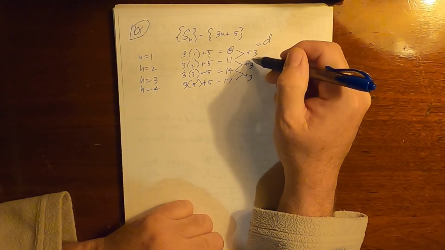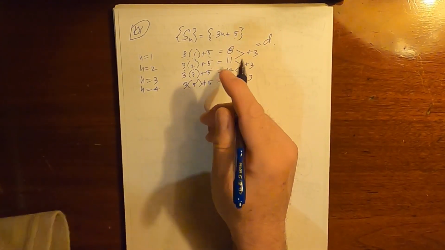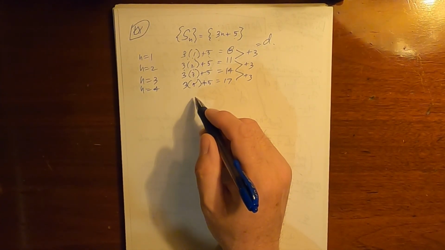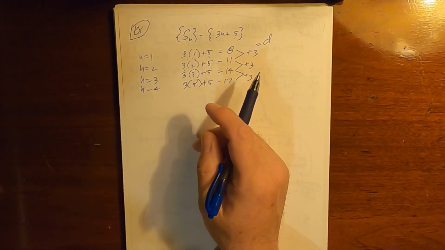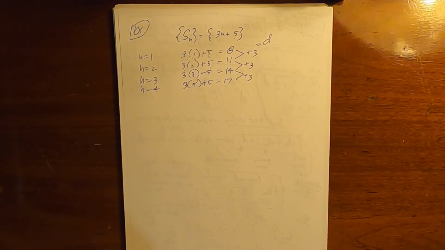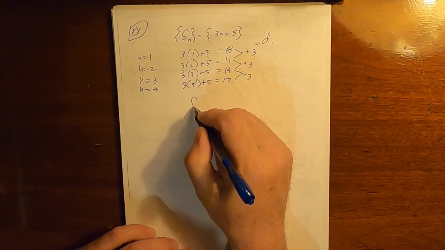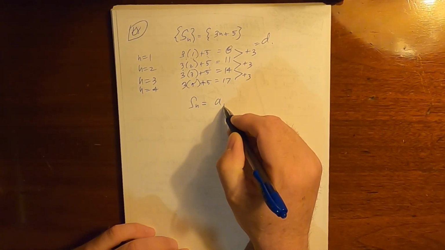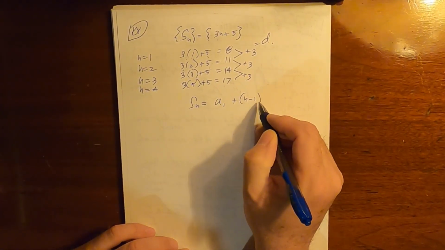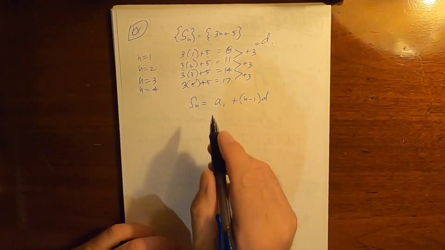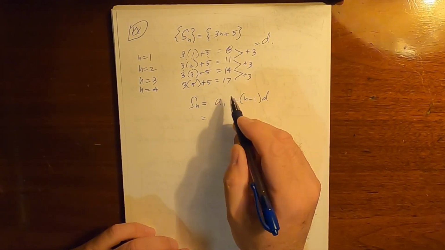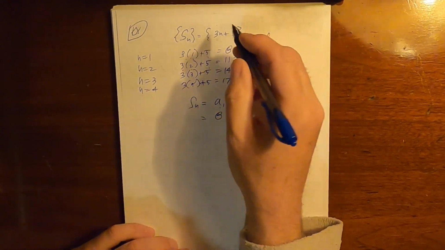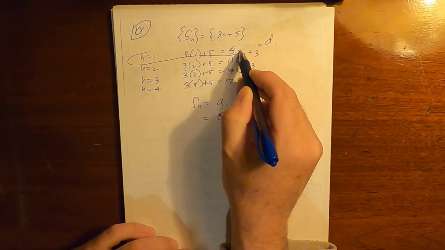If I wanted to make this into a general form, what would I do? I would put it in this form: s_n equals a_1 plus (n minus 1) times d. So a_1 would be 8, because this is my value.